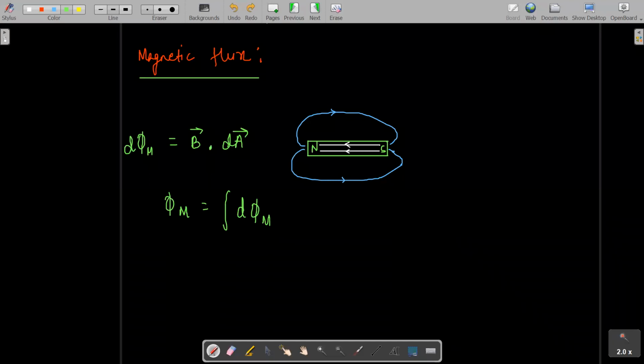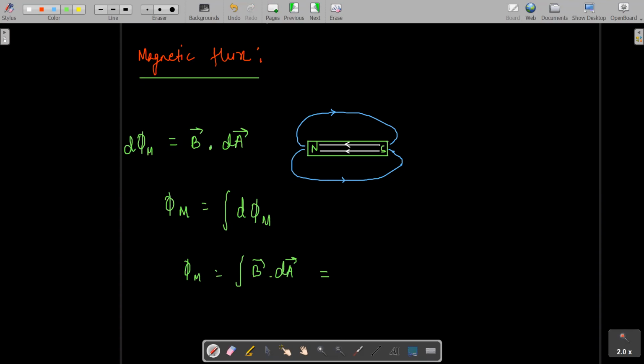If the magnetic field is constant or uniform, then the total magnetic flux will be the integration of B dot dA, right?